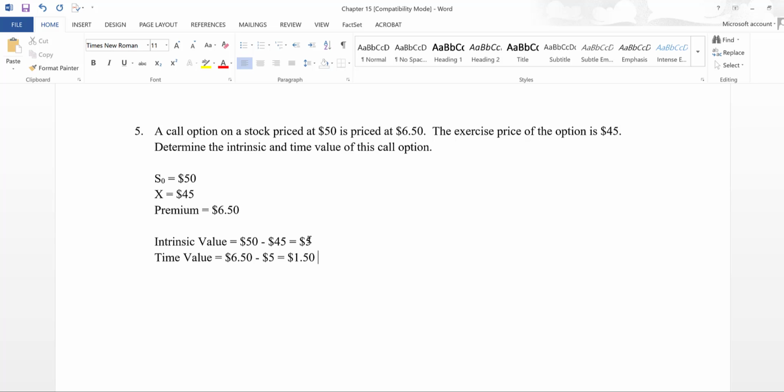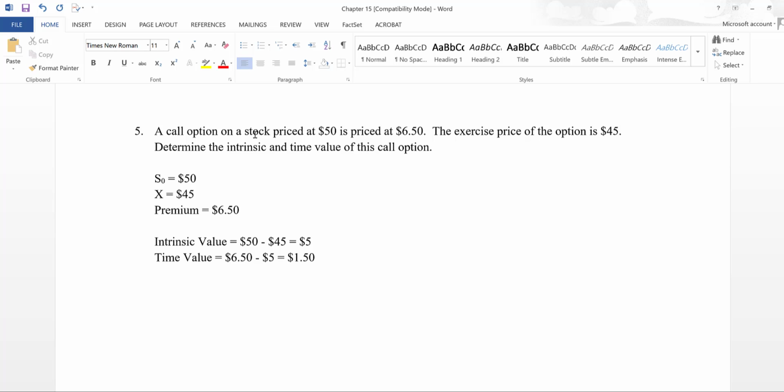Together, the sum of intrinsic and time value is the option premium. So in this case, the intrinsic value of the option is $5 and the time value of the option is $1.50. So let's actually work on a few more of these intrinsic and time value calculations.